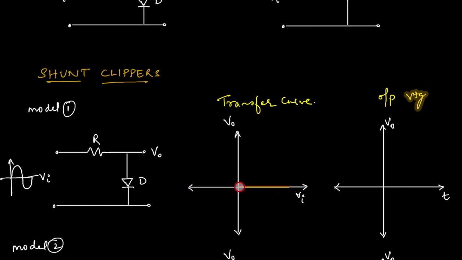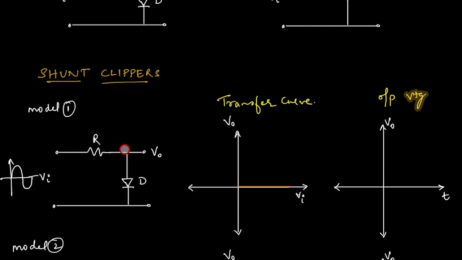For positive input, there is no output, the voltage is 0. That's why this is the 0 line on the y-axis. Your Vi varies from 0 to maximum, and maximum to 0, but in either case the output is 0 only. That's why this is the line.